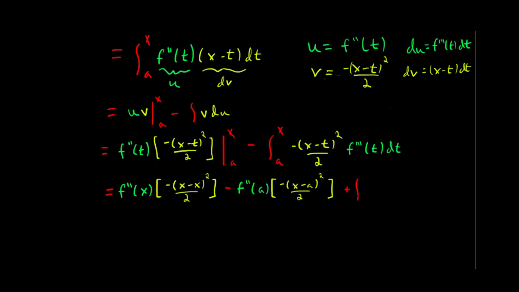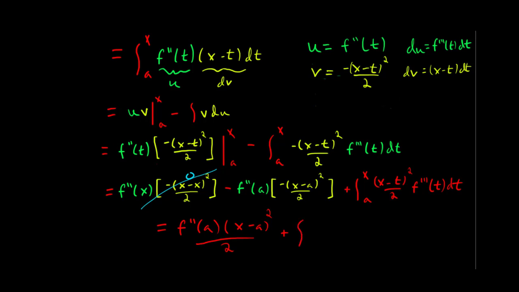And now here we have a double negative, so that becomes a positive, and it becomes plus the integral from x to a of (x minus t) squared over 2 times f triple prime of t dt. Well, what happens here? The first term cancels and equals 0. The second term we have a double negative, so that becomes positive f double prime of a times (x minus a) squared all over 2, plus a new integral, the integral from x to a of (x minus t) quantity squared over 2 times f triple prime of t dt.